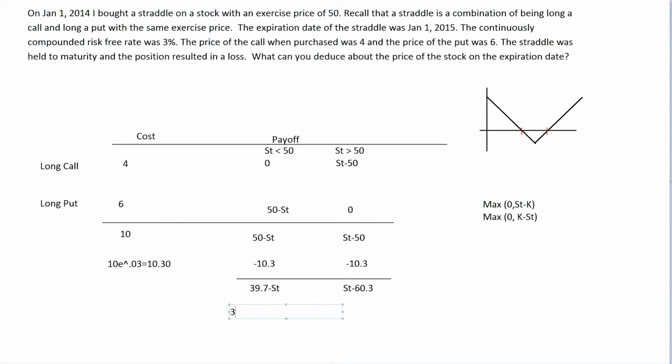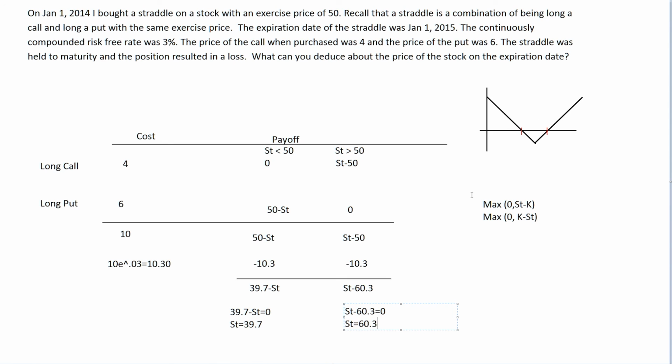So we have 39.7 minus S_T equal to 0. We find that to break even, the stock would equal 39.7. And likewise on this side, S_T minus 60.3 equals 0. So just to solve that out, we get S_T equal to 60.3.